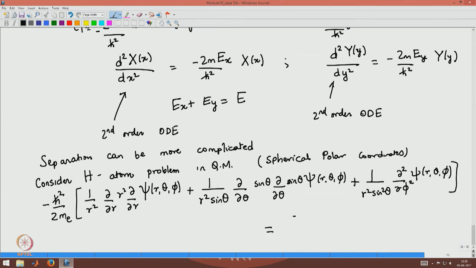This is equal to E times psi of r theta phi.